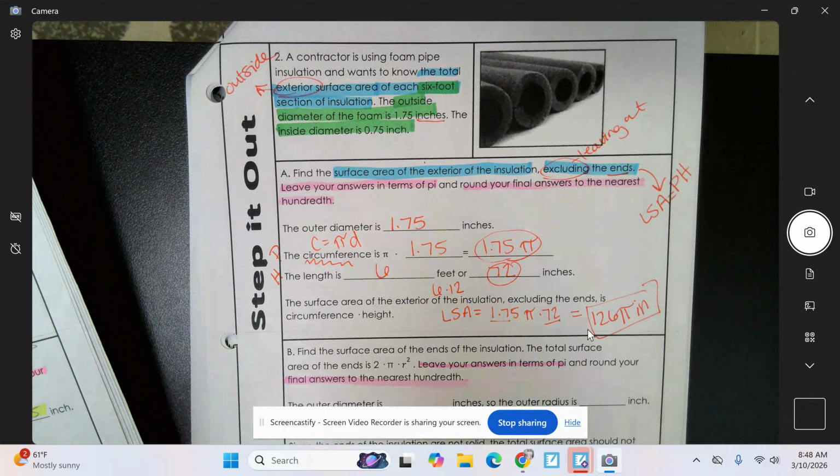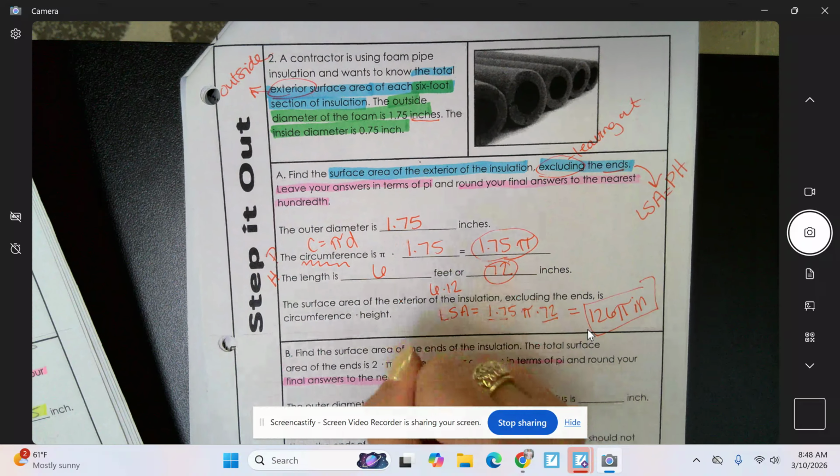So we've got a big circle basically, right? And we've got a little circle. We need to take the little circle out to figure out what's just this part right here. Okay? So the outer diameter, we already said, is 1.75.